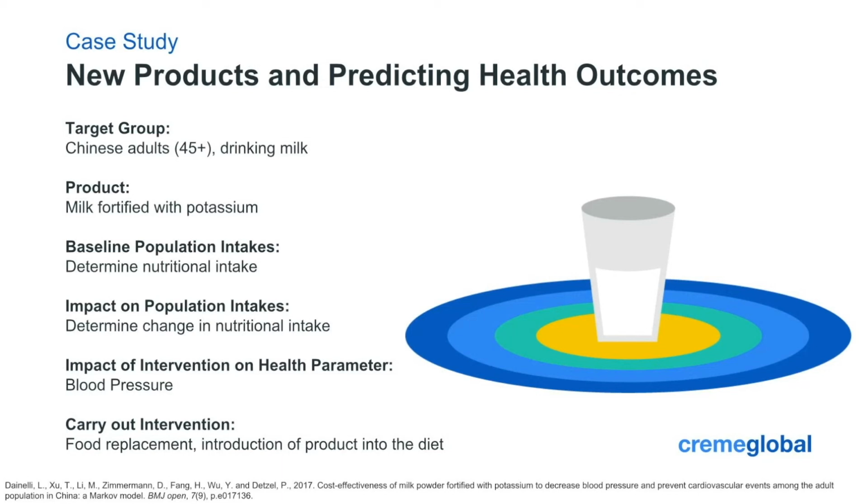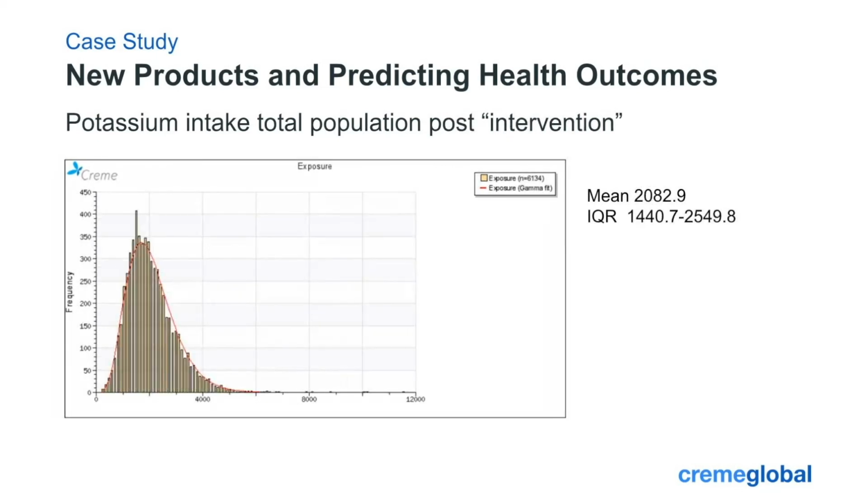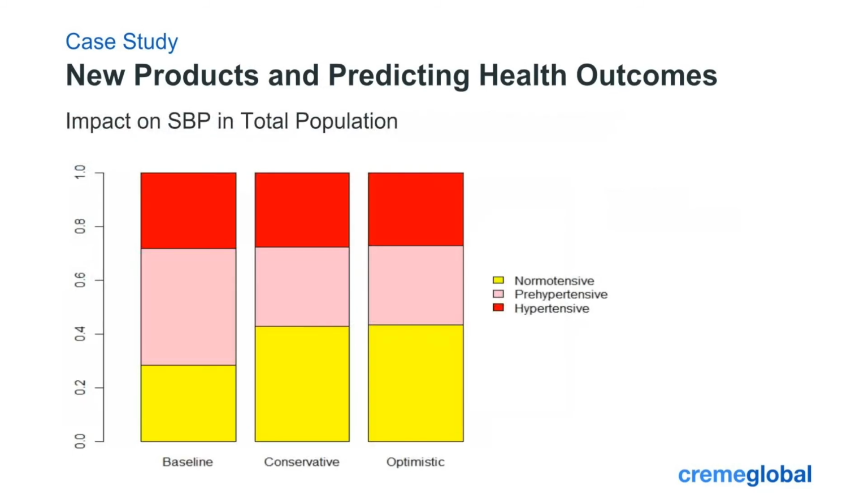We looked at potassium intake before and after scenarios and how this then affected blood pressure. Our mean intake before the intervention was 1,781 milligrams per day, and then this increased to over 2,000 milligrams per day.